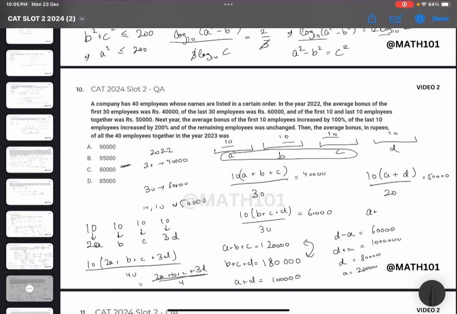So we get A plus B plus C is 120,000, plus A plus 3D, upon 4. A is 20,000 and this becomes 20,000 plus 120,000 plus 3 into 80,000, 240,000. This is 380,000, and 380,000 divided by 4 is 95,000. So answer is B, 95,000.